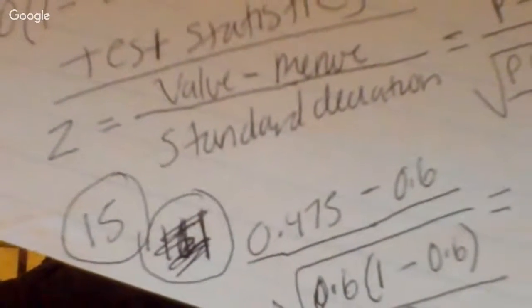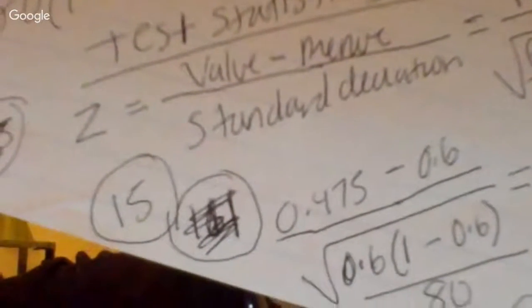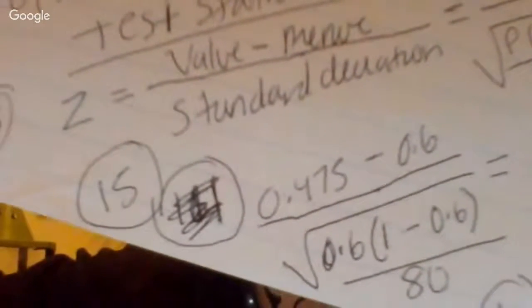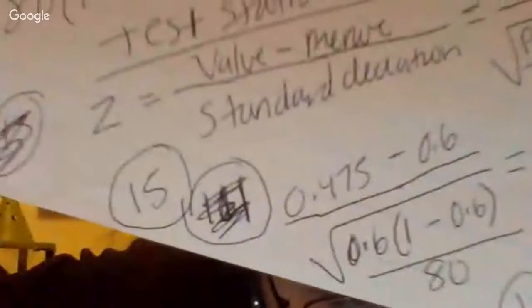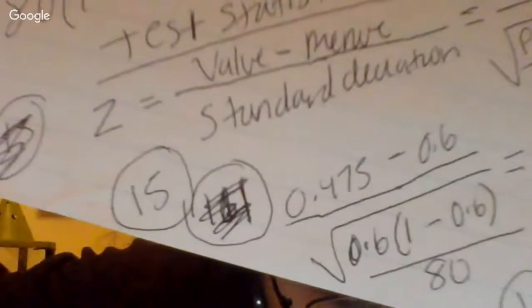So 0.6 is the p-value. Yeah, your math looks right. I'm wondering if I just made a mistake here.